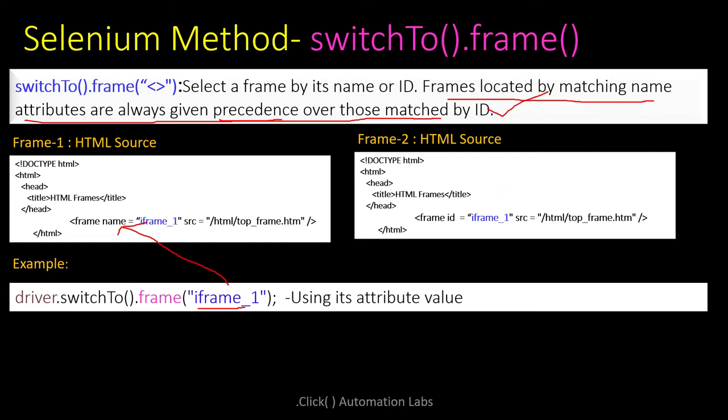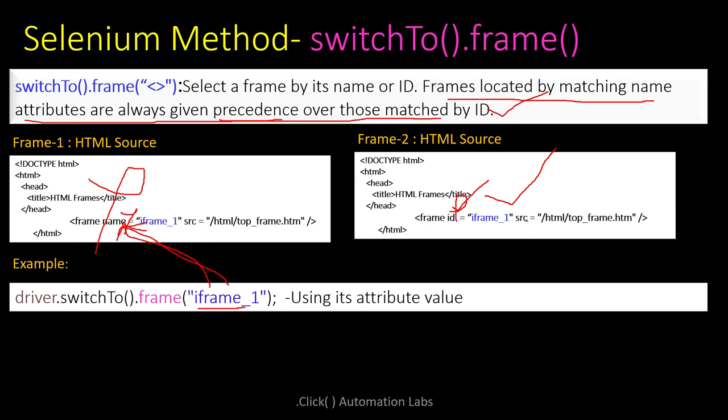So this code will always look for a name match first. If we don't have any frame with this name, then WebDriver will focus on the other frame because it matches the ID. So this is about precedence.